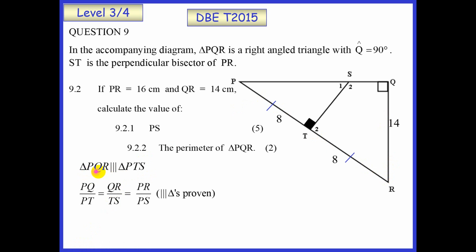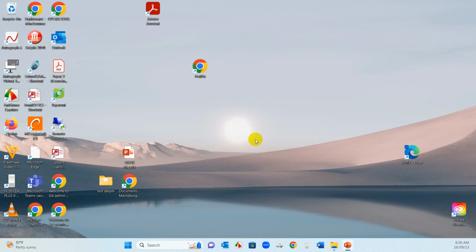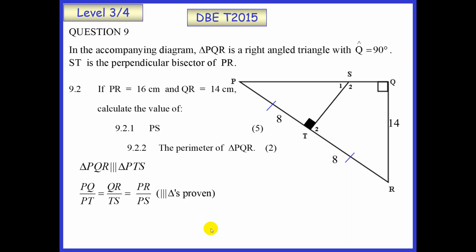From here, we can conclude that PQ, that's the first two, over PT is equal to QR over TS, which is equal to... Okay, sorry for that.